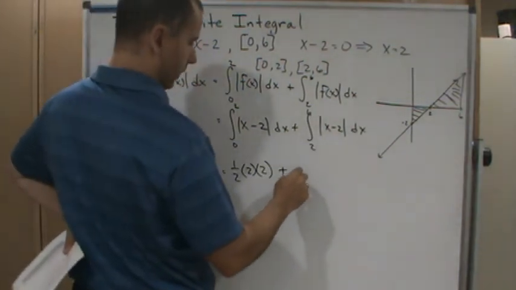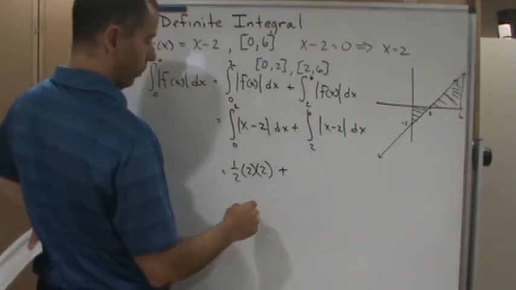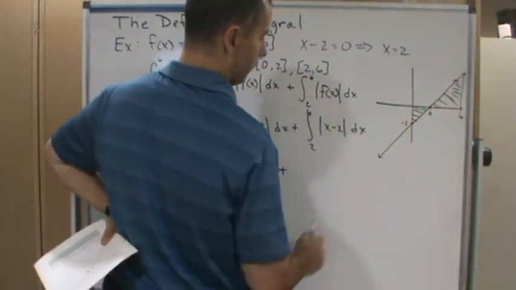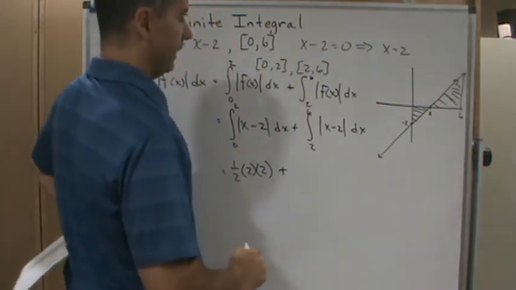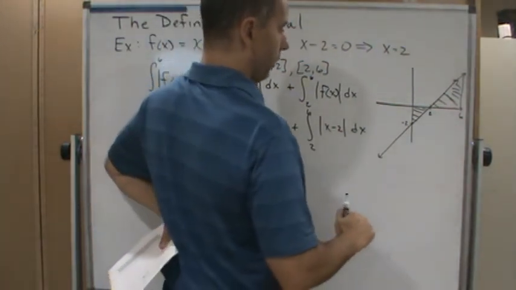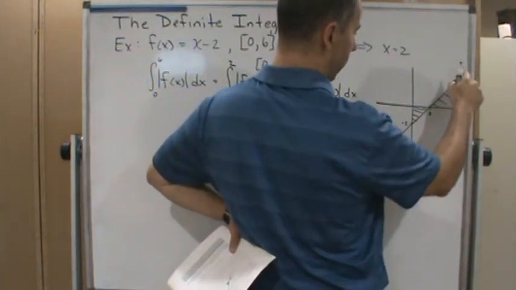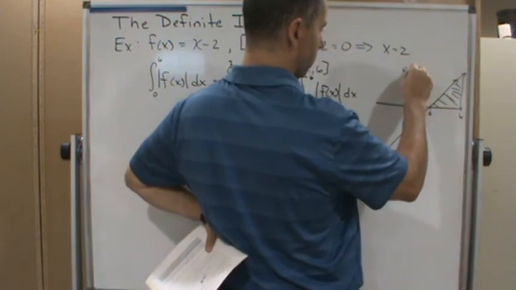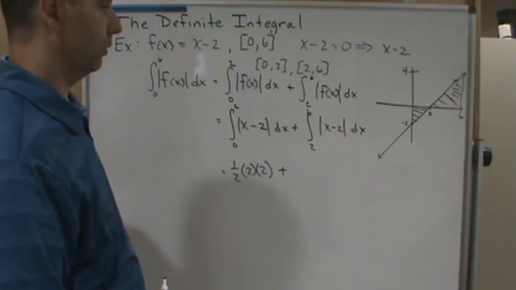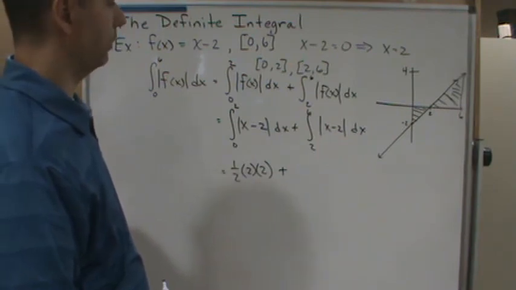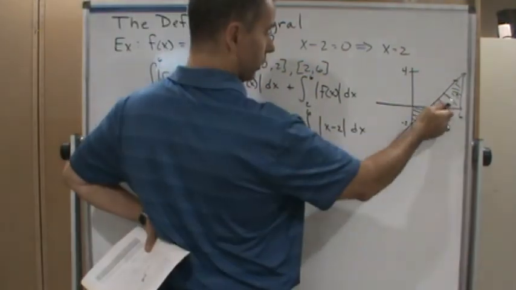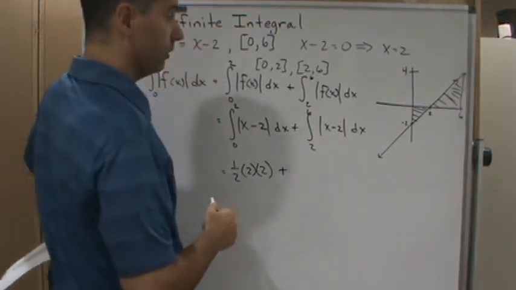Plus, from 2 to 6, what's the height here? In this case, it's going to be 4. Hold on. Yeah, the height is going to be 4. The height of this triangle is 4, and the base of it is 4.